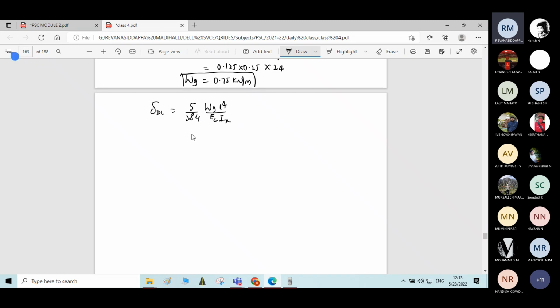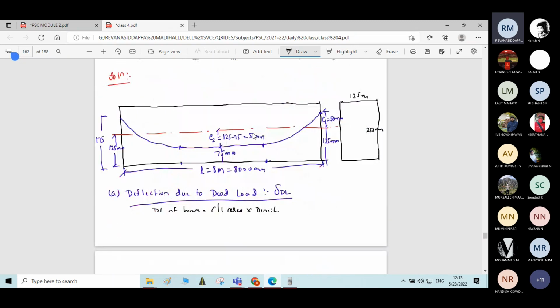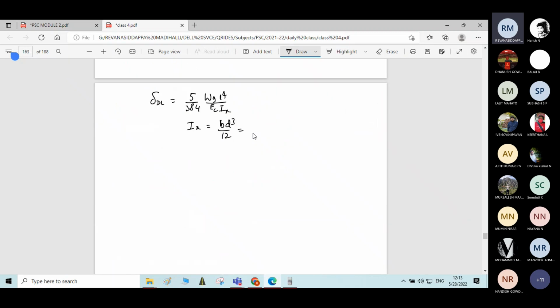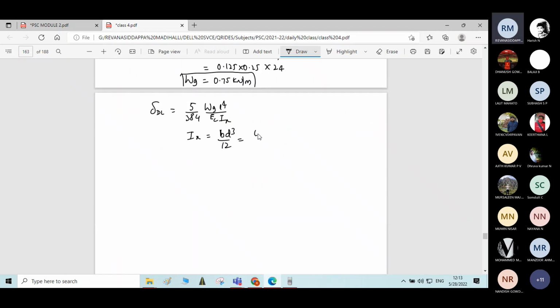So Ix you can calculate as b d cube by 12, where b is 0.125 and depth is 0.25. In terms of mm raised to 4, we want 125 into 250 cube by 12. So you'll get the answer as 162.76 into 10 power 6 mm raised to 4.